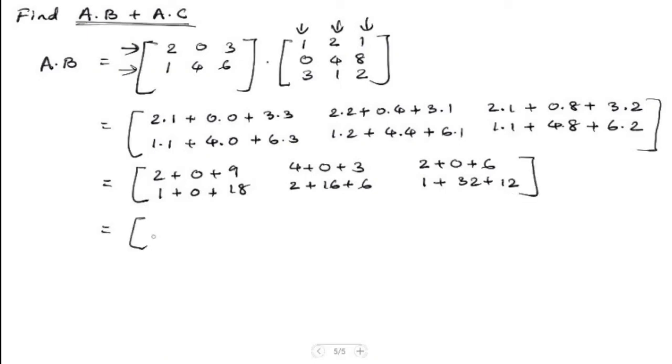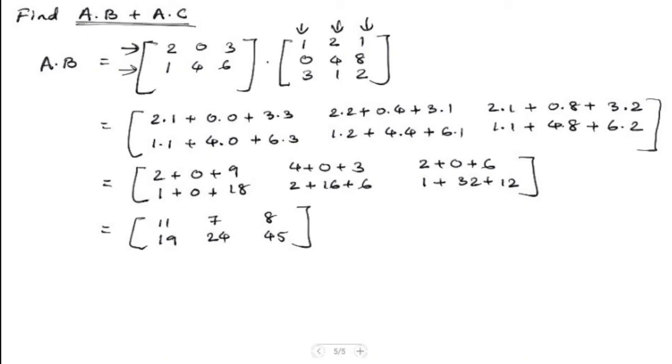Okay, now we add all of them and we'll have here 11, 19, 7, 24, 8 and 45. So this is just a times b. Now we have to find out a times c.